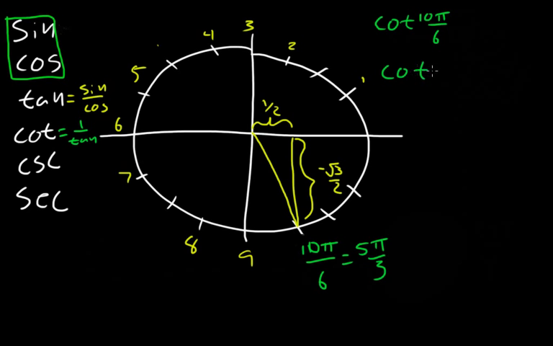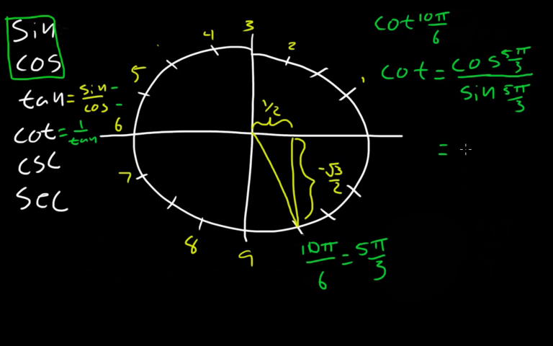Remember, tangent is sine over cosine, so cotangent is just cosine over sine. This is flipped. This is not the inverse tangent. Inverse tangent is different. We'll go over that later. But this is the cotangent, the flipped value of tangent. So everything else after this is the same: the cosine of 5 pi over 3 and the sine of 5 pi over 3.